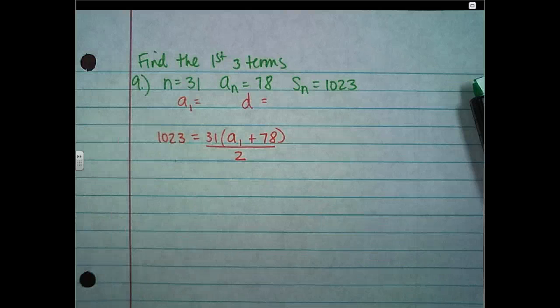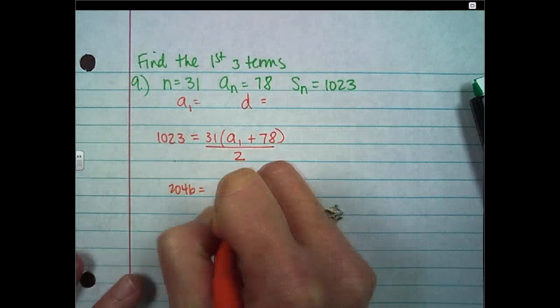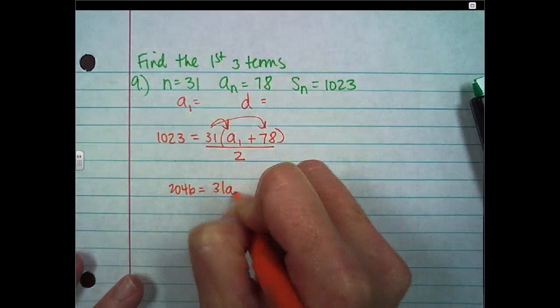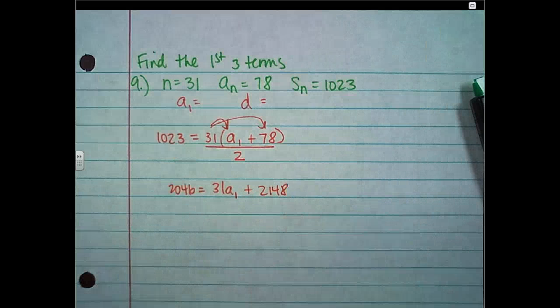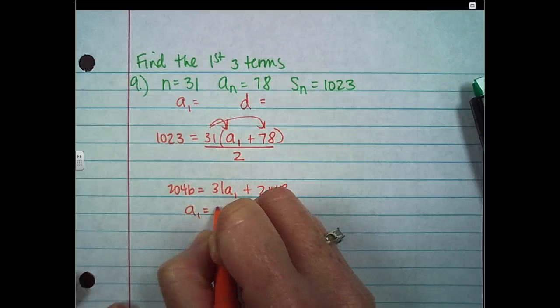Multiply both sides by 2, so you get 2046 equals, and I'm going to have to distribute this, 31A1 plus 2148. So you're going to subtract and divide to get A1.